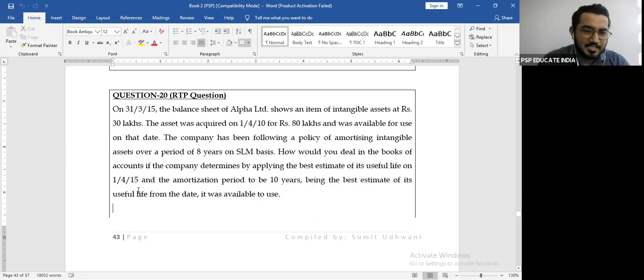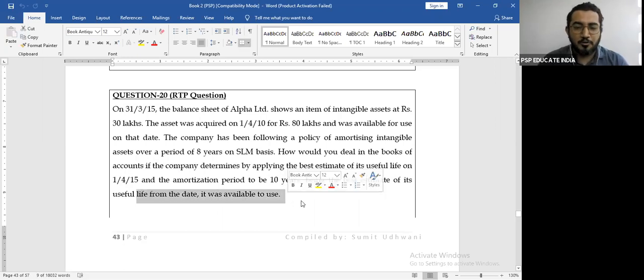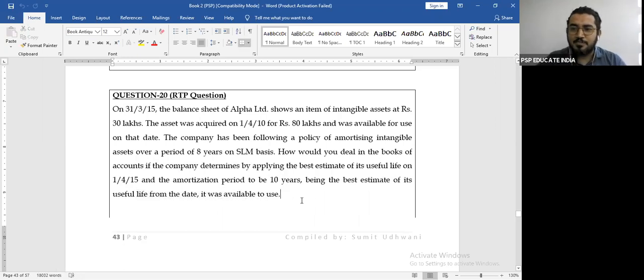From the date when it was available for use, which means we first decided 8 years would be our useful life. Now, 5 years later, we are thinking that no, its useful life is not 8 years, it is total 10 years. Now quickly on the chat box, can I amortize until 10 years?